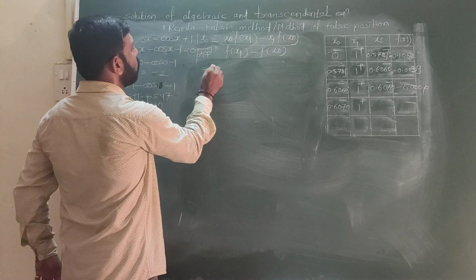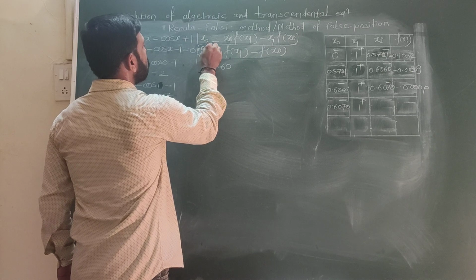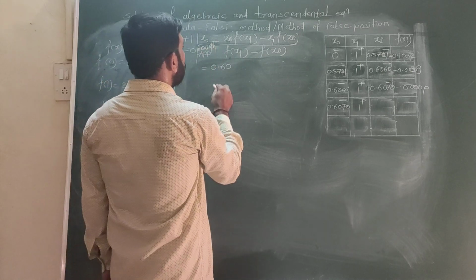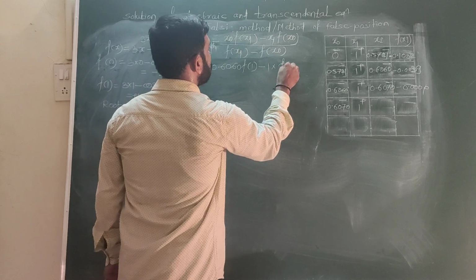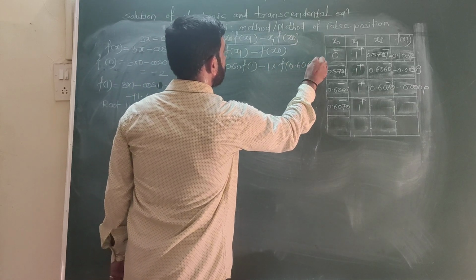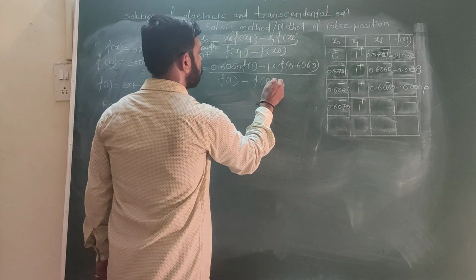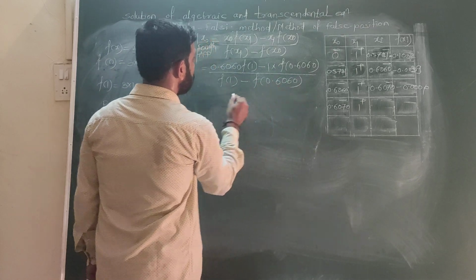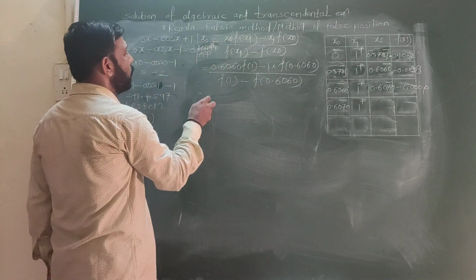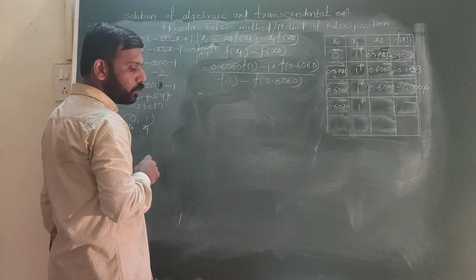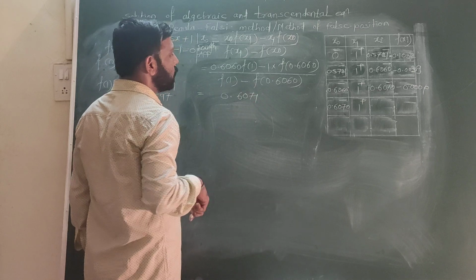Fourth approximation, x0, f(1) minus, upon, this value we substituted in the formula, and then we have x2, that is the fourth approximation, 0.6071.